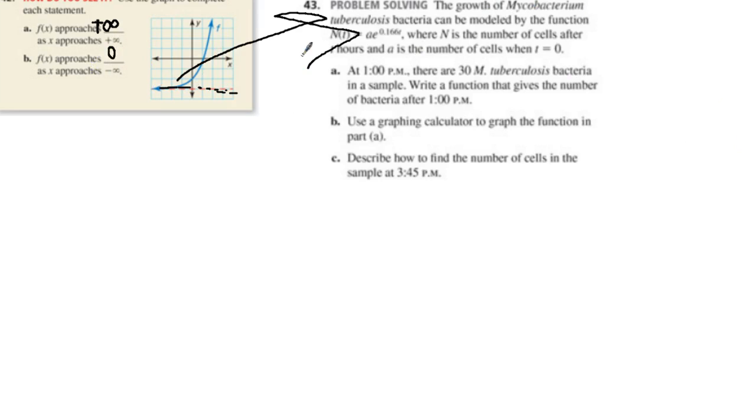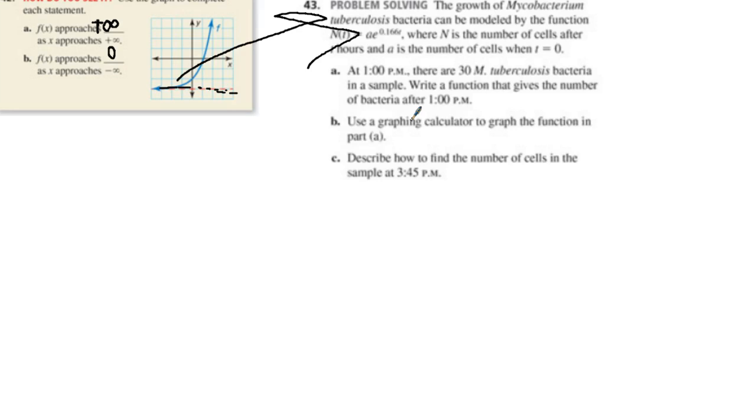Next, problem solving. The growth of mycobacterium tuberculosis bacteria can be modeled by the function N of t equals a e to the 0.166t, where N is the number of cells after t hours, a is the number of cells where t equals 0. At 1 p.m. there are 30 million tuberculosis bacteria in a sample.